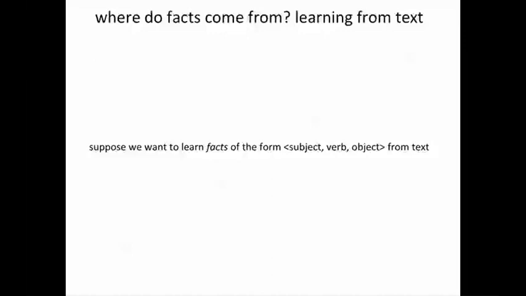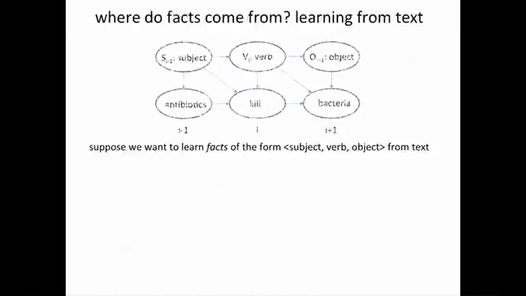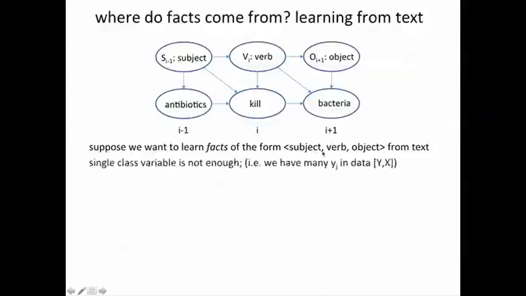Suppose we want to learn facts of the form subject, verb, object from text. We might use a Bayesian network of the following form, where we have subject, verb, object, which processes triples in the text and might come up with a situation like antibiotics kill bacteria. A single class variable is clearly not enough, since we need to have subject, verb, and object.